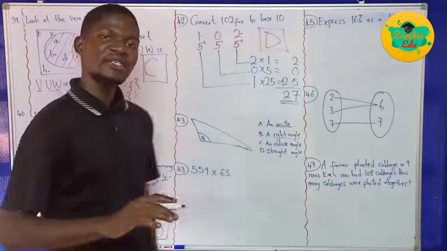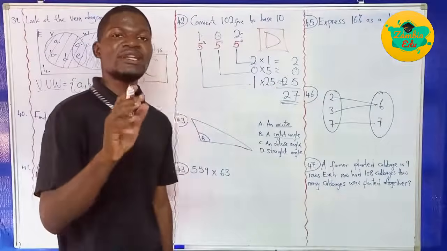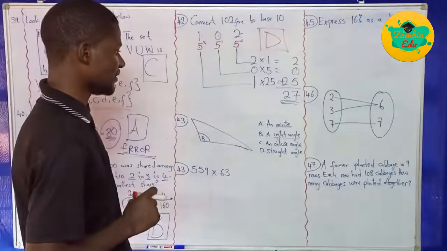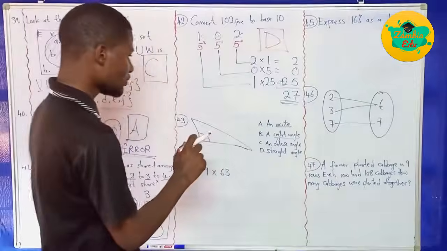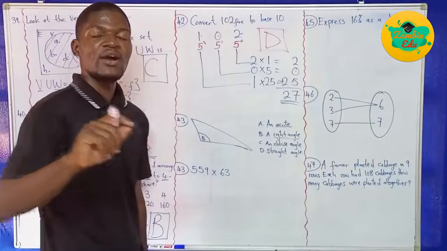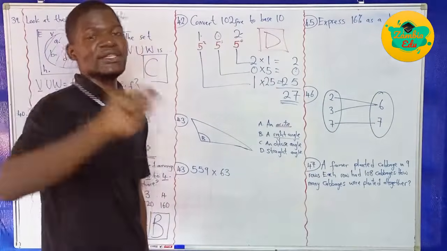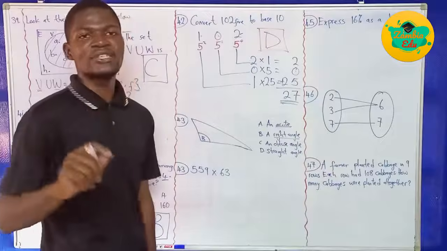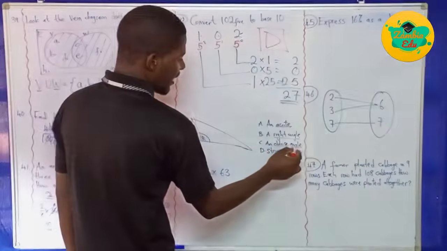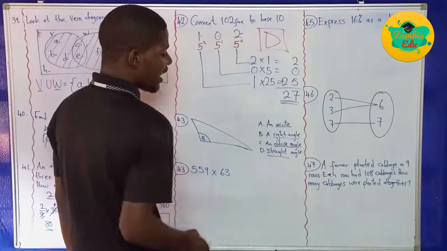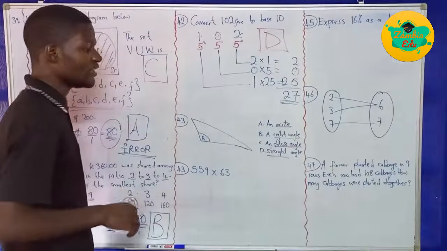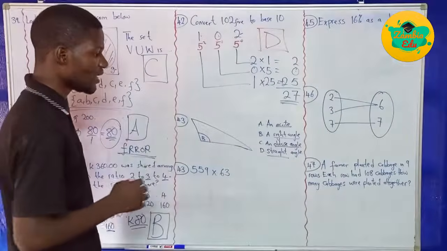An obtuse angle is an angle which is between 90 and 180, within the range 91 all the way to 179.9. And a straight angle is an angle which is measured exactly at 180 degrees.